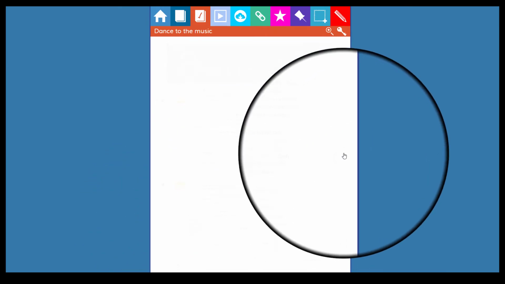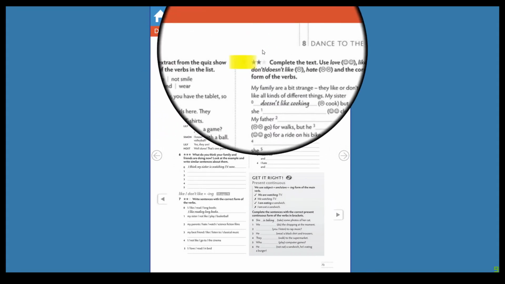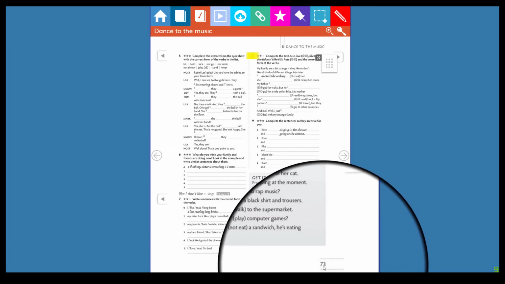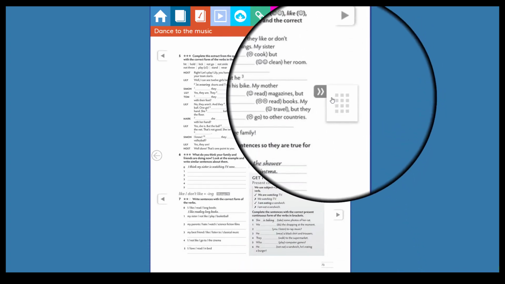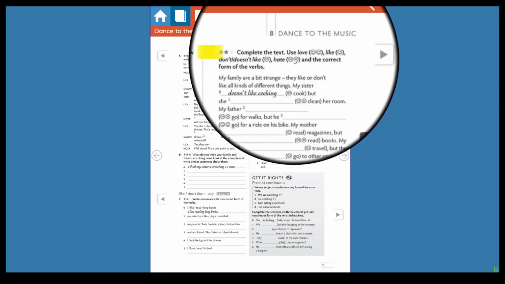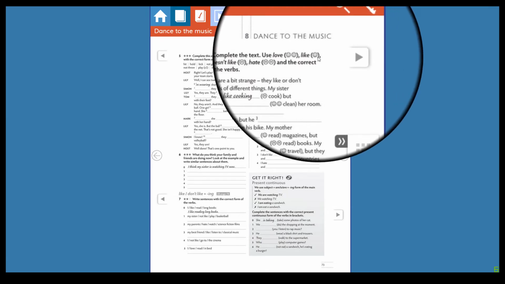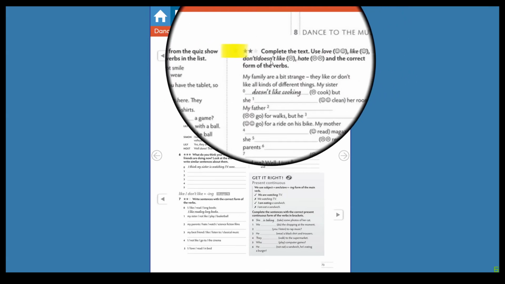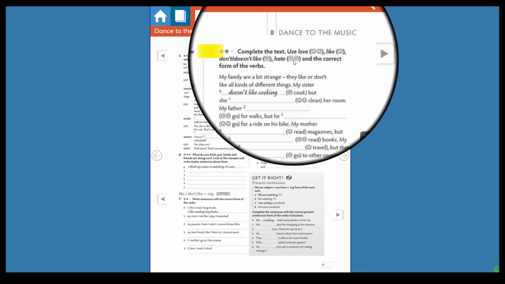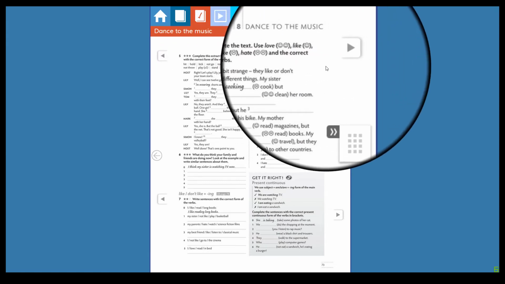And then you have to do activity number 8 from page number 73 of the workbook. And in this activity, you have to complete the text. Use love, 2 happy faces, like, 1 happy face, don't or doesn't like, 1 sad face, and hate, 2 sad faces, and the correct form of the verbs.